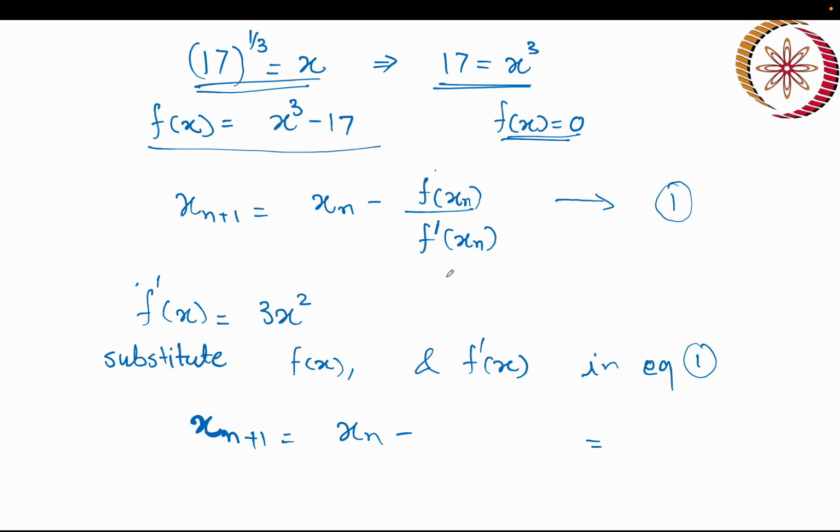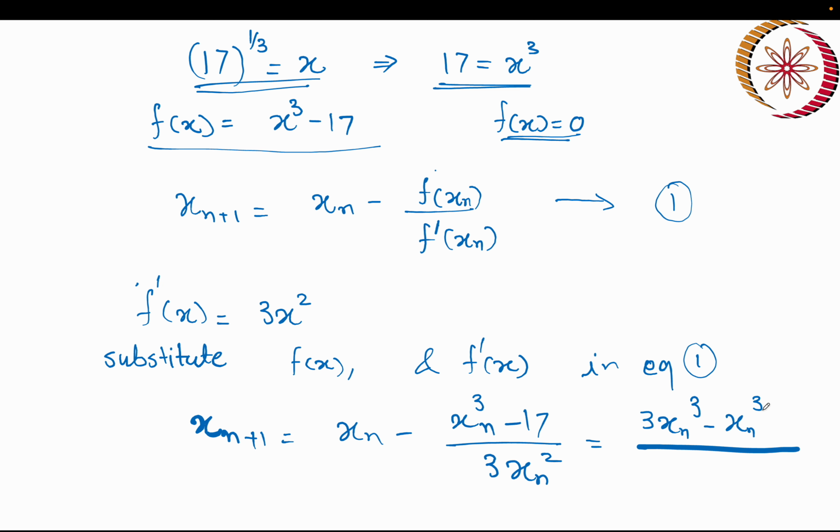So f of x will be up: xn cube minus 17 divided by f dash of xn. So f dash we already found out, which is 3xn square. Okay, so if we do this, it will be 3xn cube minus xn cube plus 17 over 3xn square.